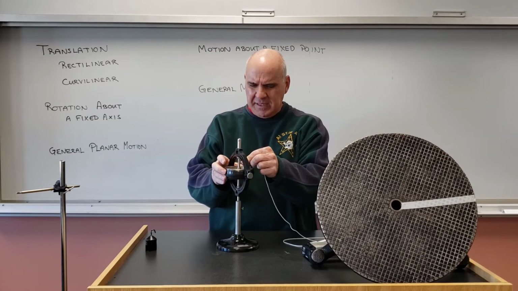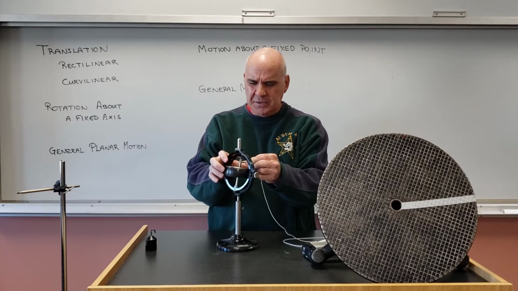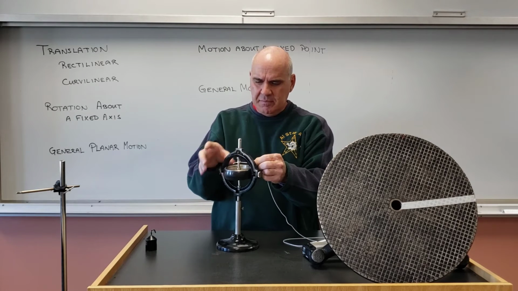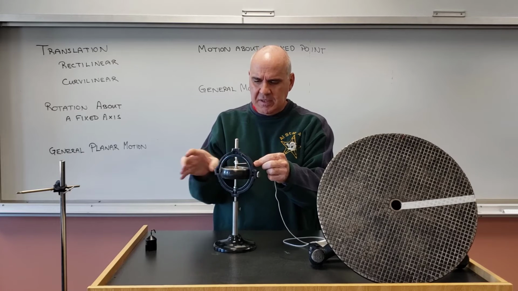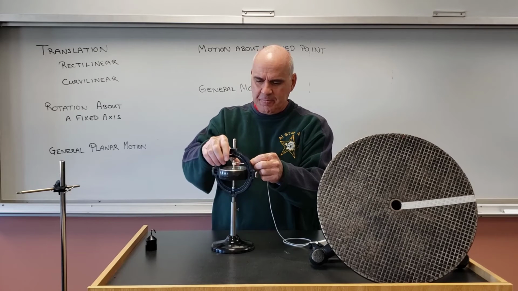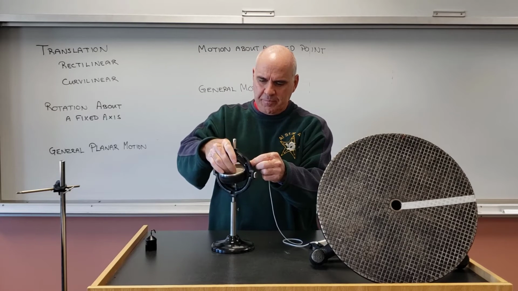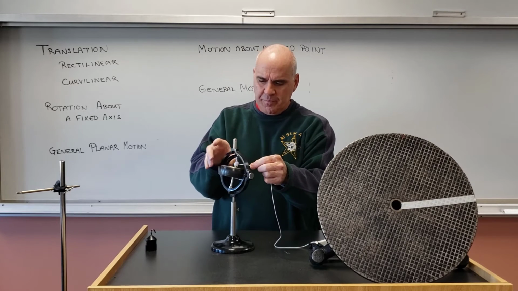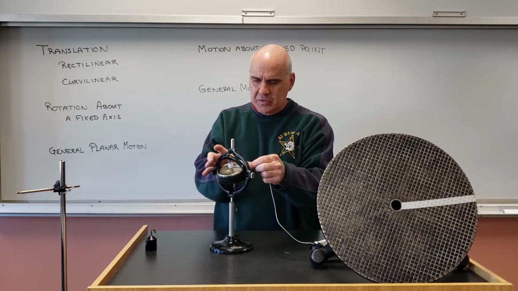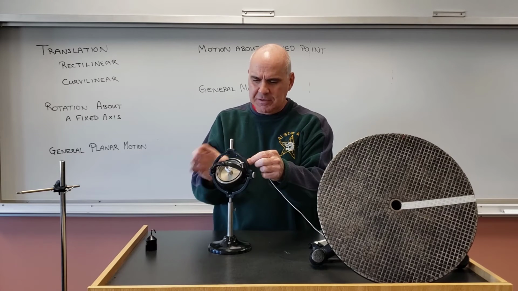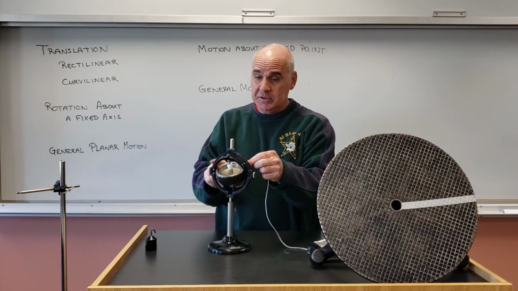It's going to be hard for me to get this going as fast as I would like to, but let's give it a shot. It's a pretty nice gyroscope. I think it's older than I am, which is saying quite a bit.